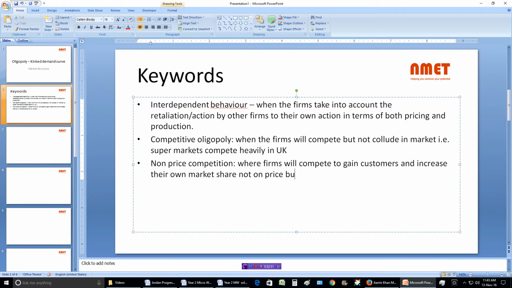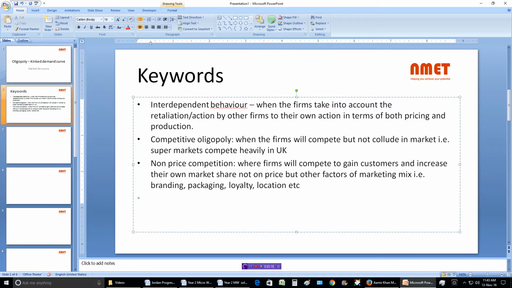Not on price, but other factors of marketing mix, such as branding, packaging. Loyalty cards is another scheme. Location, etc. Yes, price, place, promotion. So all these others are non-pricing factors.